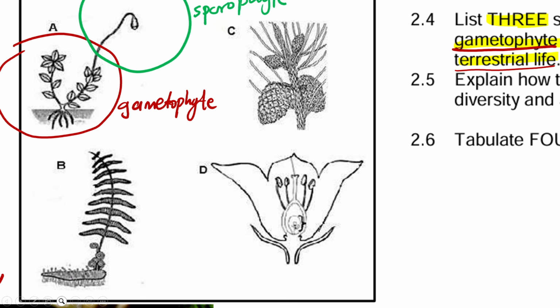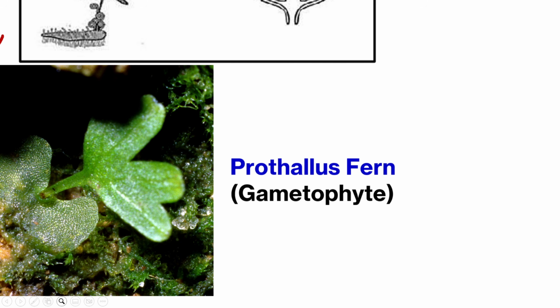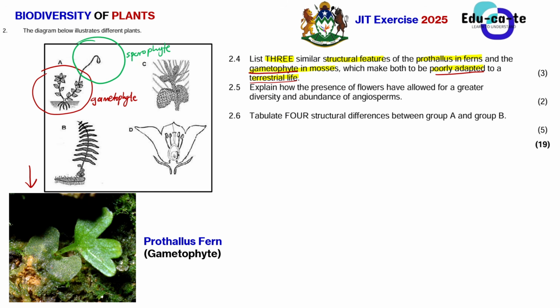So we are comparing this gametophyte generation to this prothallus fern. We are listing their similarities that make them not suited to live on land. First of all, let's just talk about their similarities. You know that in bryophytes, since the gametophyte generation is dominant, they are actually thallus, okay?